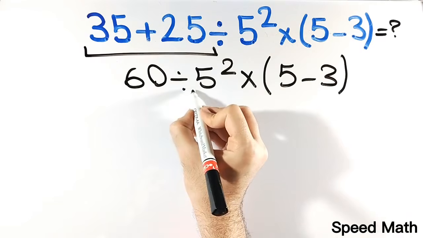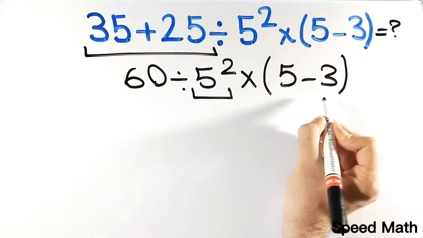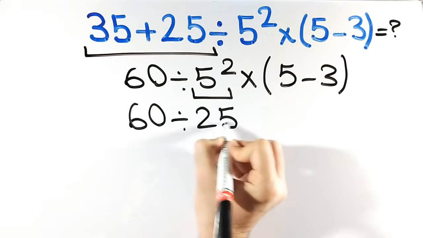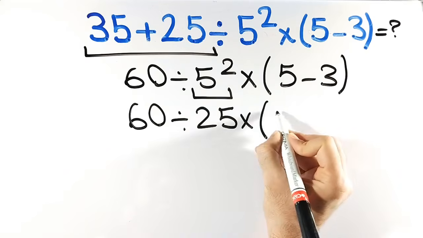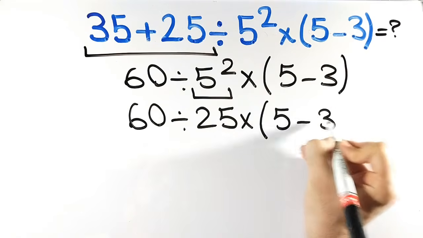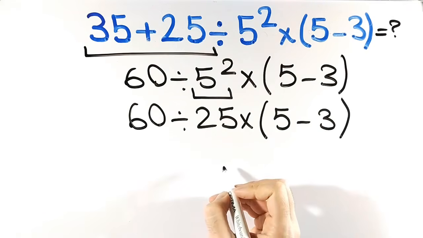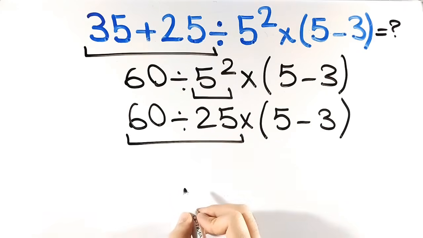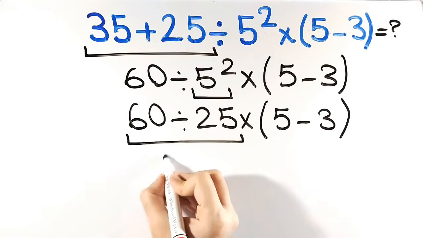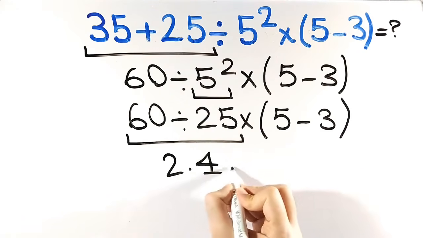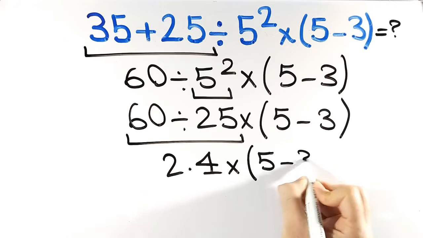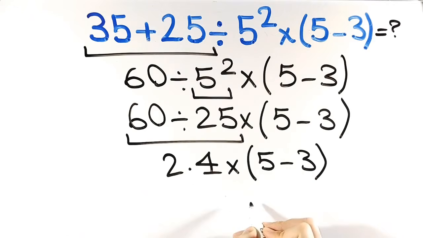And the next step they go for the exponent and write this expression as 60 divided by 25 multiplied by open parenthesis 5 minus 3 close parenthesis. Then they go for the division between 60 and 25 and write this expression as 2.4 multiplied by open parenthesis 5 minus 3 close parenthesis.